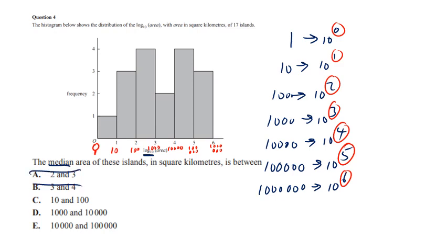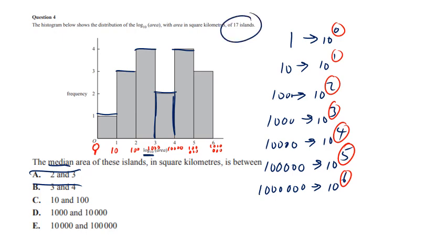Now the median is likely to be between here and here. And you can just guess that to a certain extent, but you can think about it. You got 1 plus 3 is 4, plus another 4 is 8, plus 2 is 10, plus 4 is 16. Oh wait, it tells you how many we got here, 17.